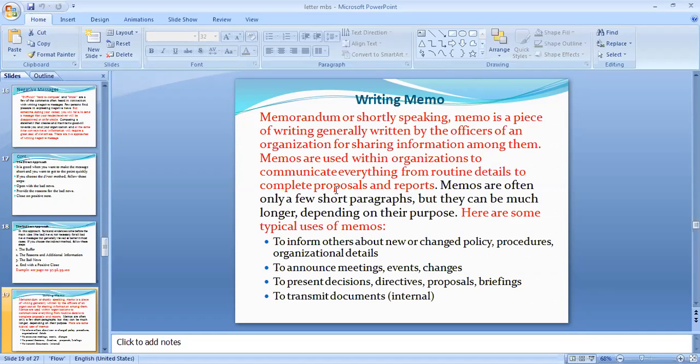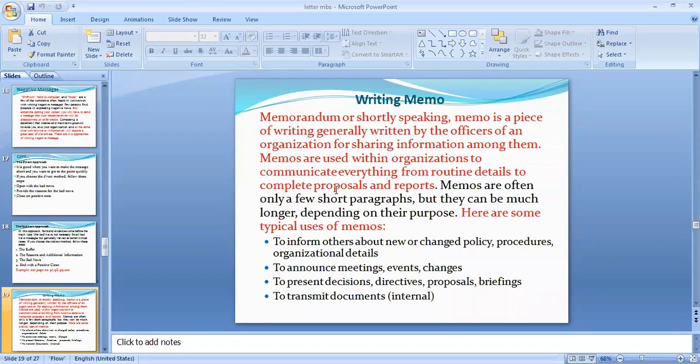At that time I write a memo and send it to them, or I post that memo on the notice board of the organization, and all the staff can read that. It is like a notice, but it is addressed to all the staff. There is no kind of bias. The boss also reads that, and the laborer also reads that.